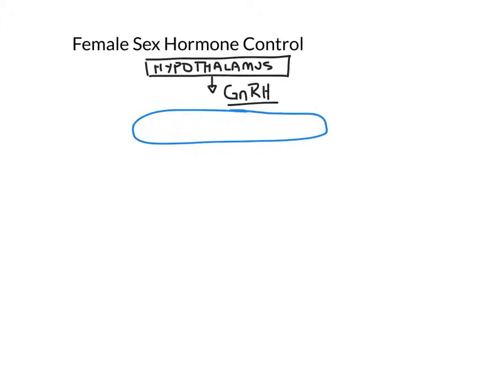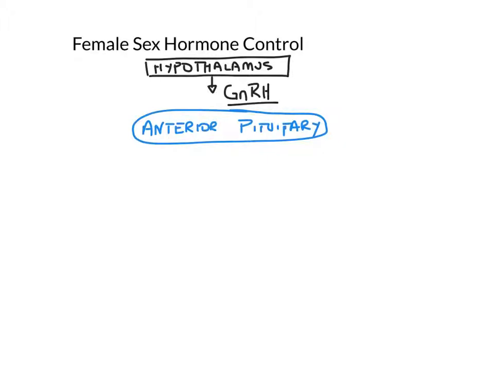Okay, and the hypothalamus releases its own hormone, which is gonadotropin releasing hormone, which we usually shorten to GnRH. GnRH goes to that other one that we know as the anterior pituitary. And if you've done the male first, you will understand that this looks very similar.